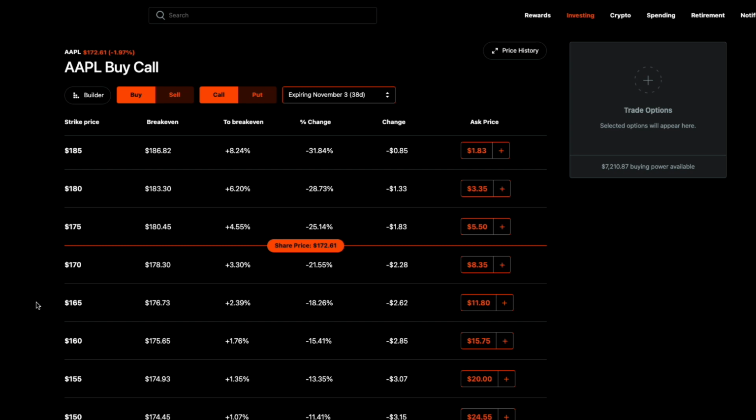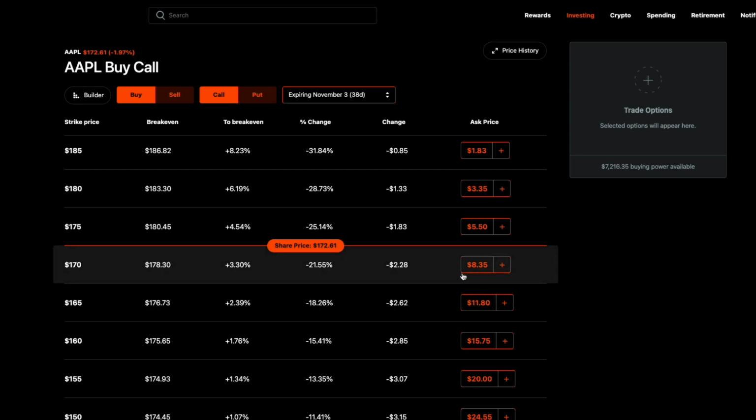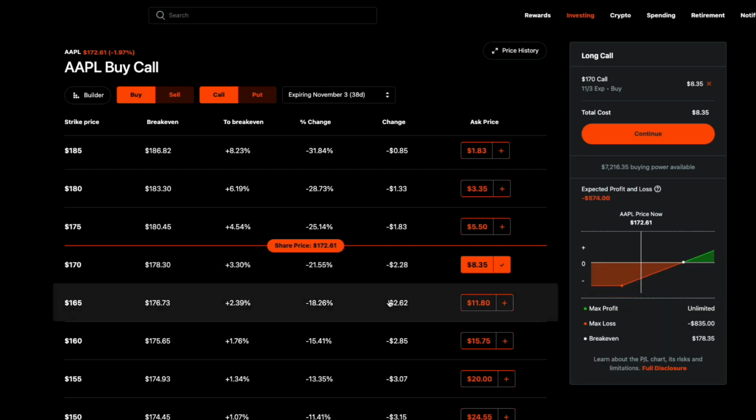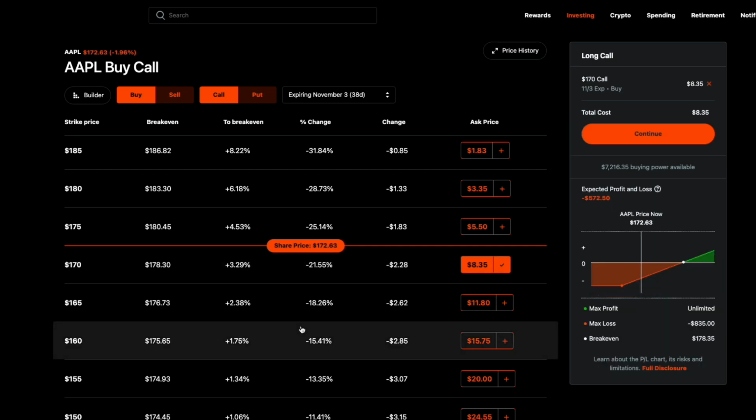So you buy a call at say 170. That is your max price that you expect Apple to end below at your expiration. So that is the thesis behind this strategy.